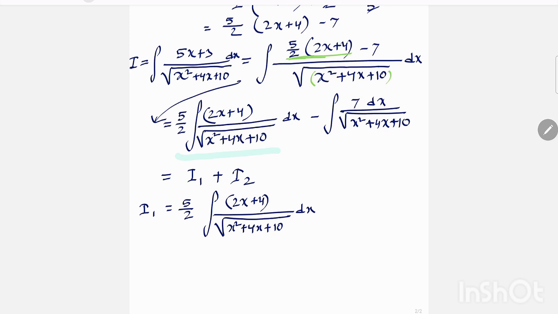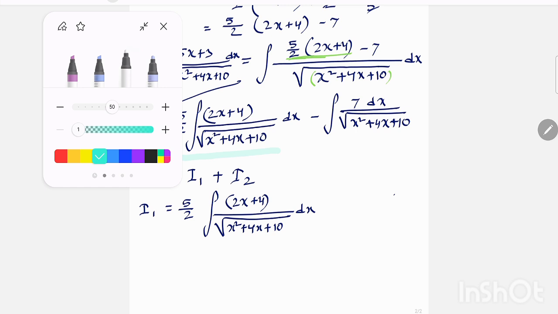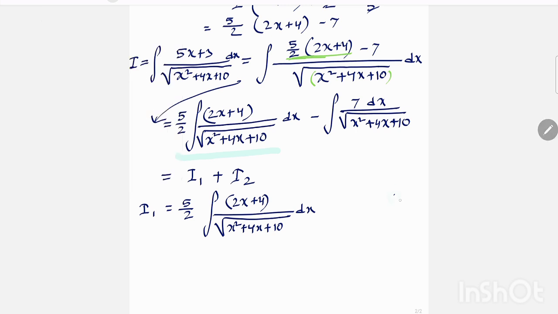Now put x square plus 4x plus 10 equal to t square. Here we are using the substitution method.